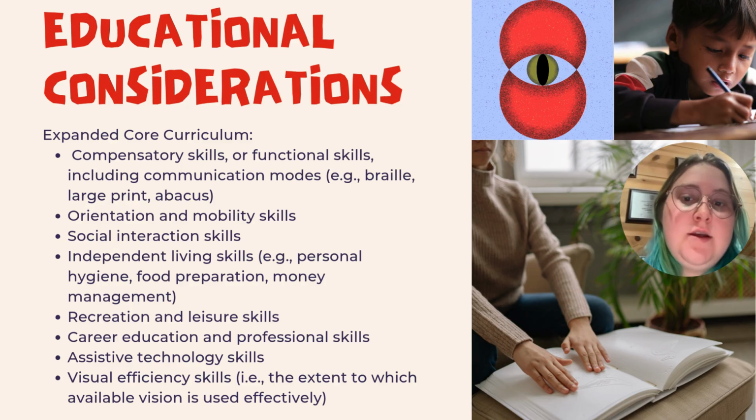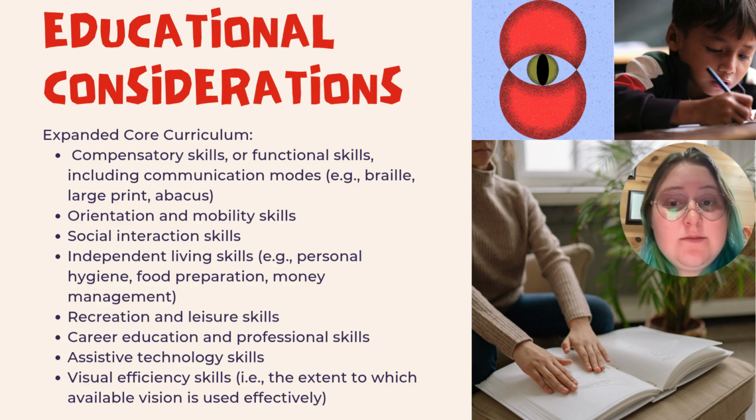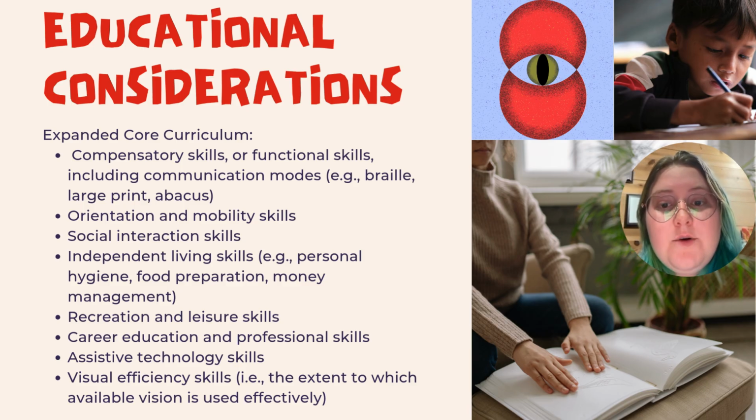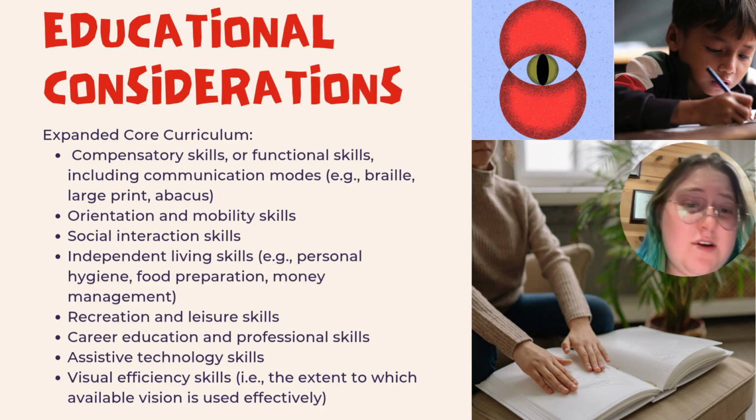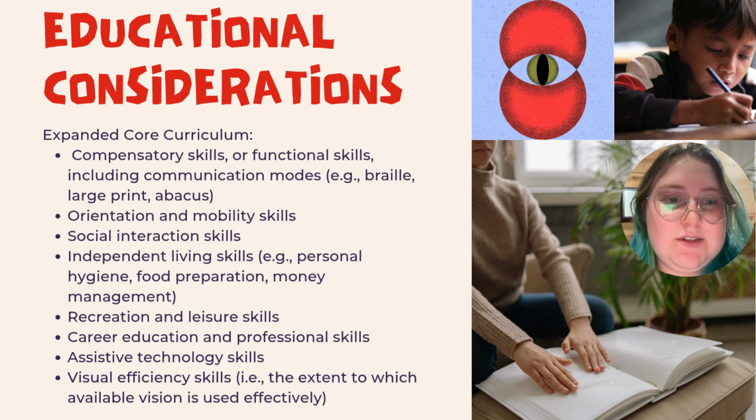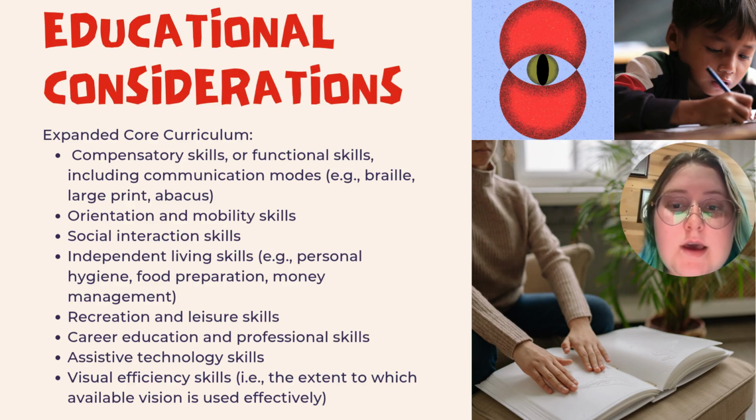So, like Braille, large print, learning how to speak to a student with visual impairments as well as them talking to you, orientation and mobility skills, social interaction skills, independent living skills, which is like they need to be taught personal hygiene, food preparation, how to manage their money, which honestly that's for any student, not even just ones that have visual impairments.